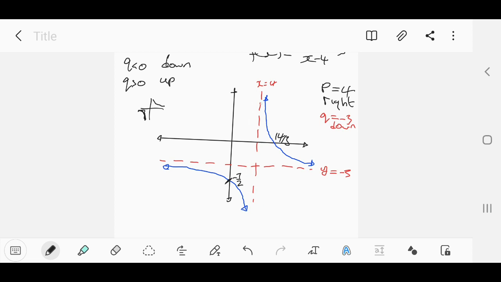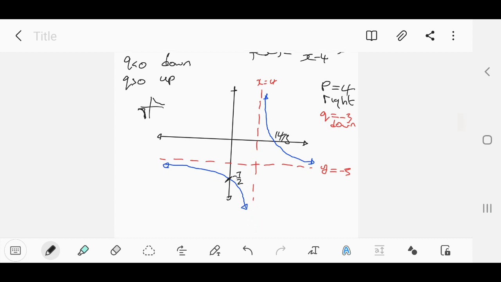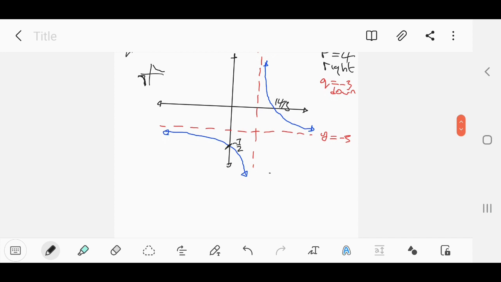Because when x equals 4, the graph is not defined. The graph must not touch this x value here. So what is the domain of the function? Domain is, x is an element of all real numbers, but x must not be equal to 4. That's how you put the domain.